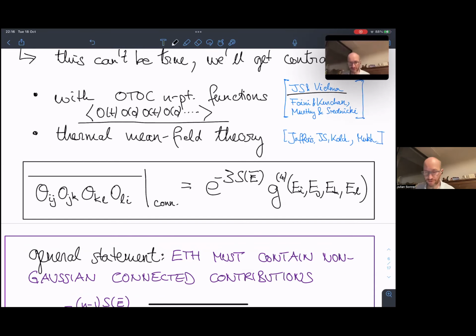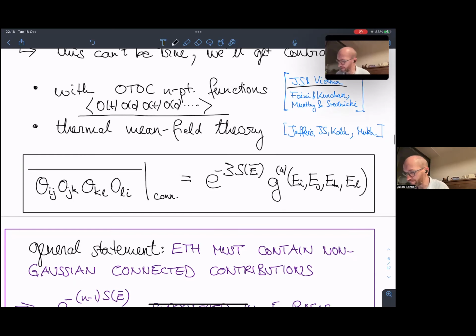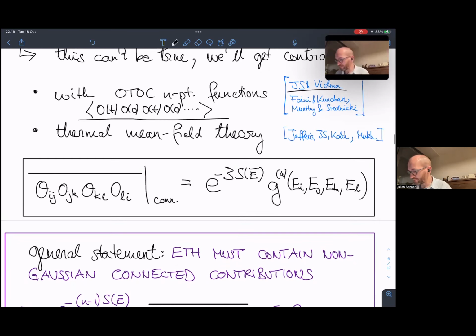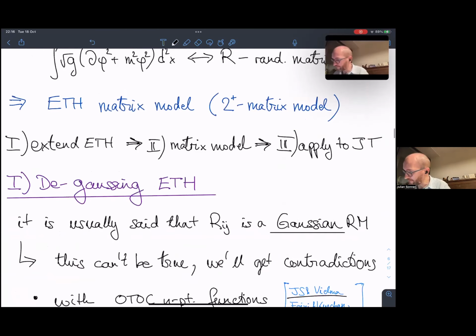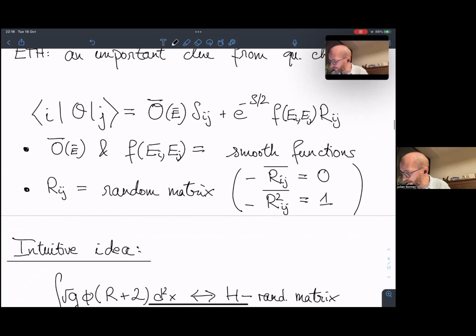Basically, four of these O's, which you should think of as four of these R's, except that I'm implicitly rescaling them by the smooth F-type functions.